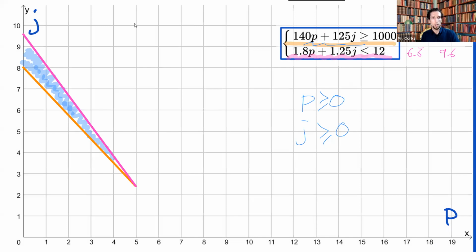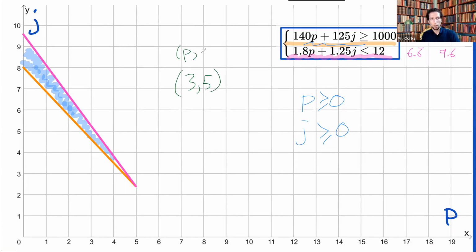So first, 3, 5, where again this is P and then J. Is this point in the area? Yes, it is. It's a pretty thin area, but our lines are precise enough, and it looks like that's this point right here. Yes, that's possible. That is inside the solution space for the system of inequalities.